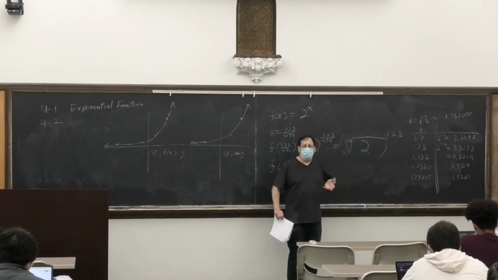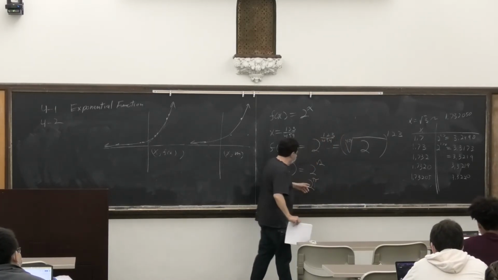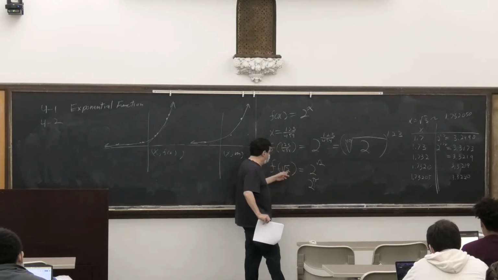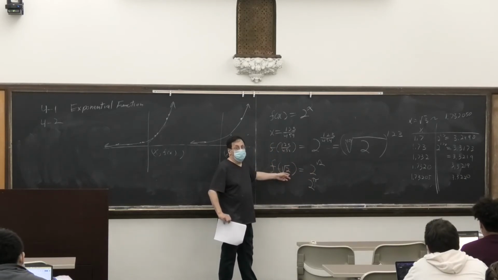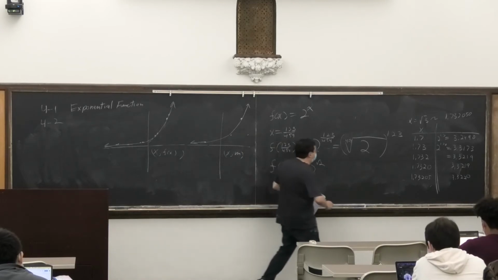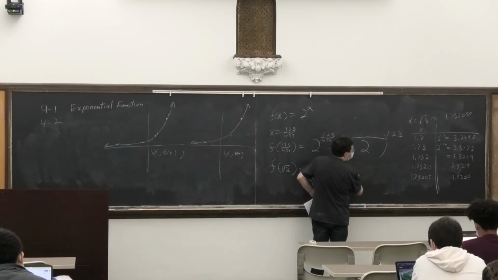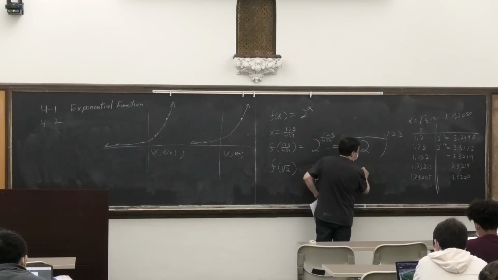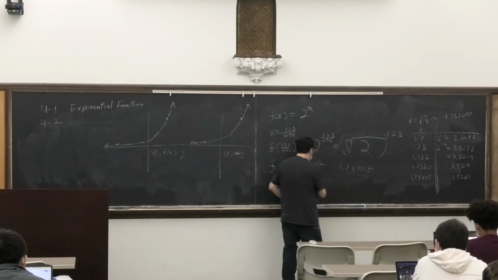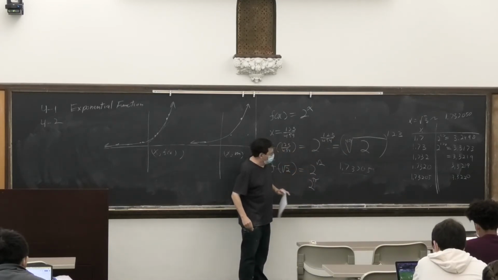Now that should remind you of something. If I'm trying to evaluate the square root of 2, I can start writing it out, 1.4142. As I get more and more numbers here, I get closer and closer to a number that's the square root of 2.